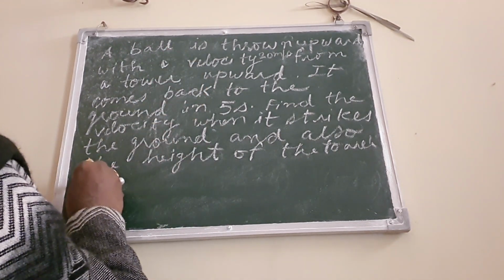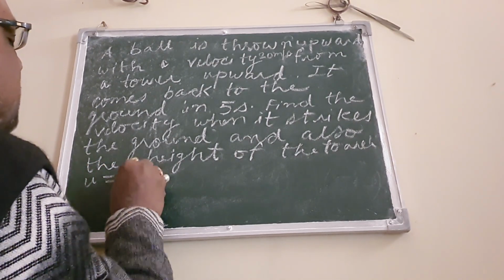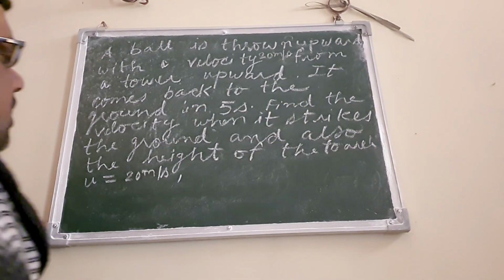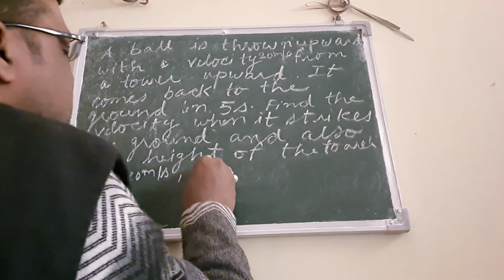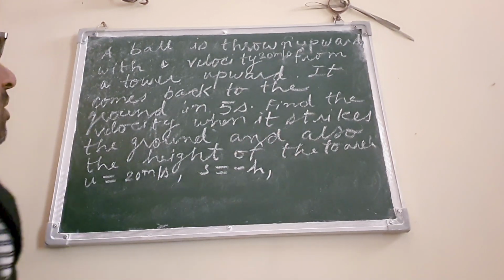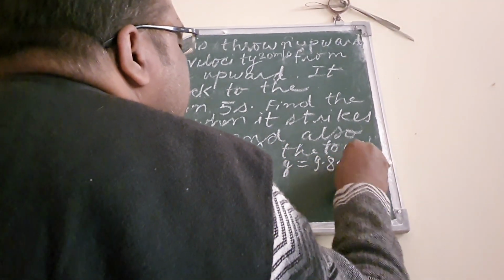So the initial velocity u is 20 meters per second. Since the ball is coming down, it is moving opposite to the height, so the distance here is taken as minus h, and the gravity is 9.8 meter per second square.